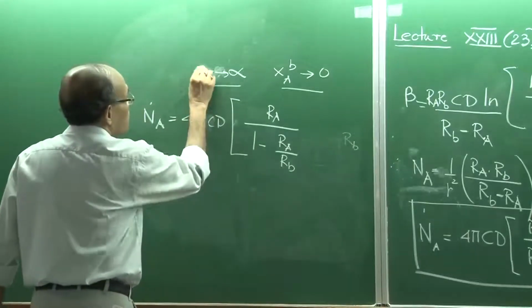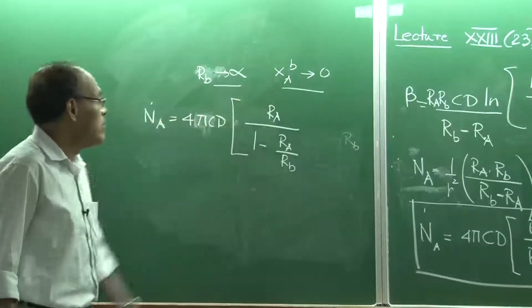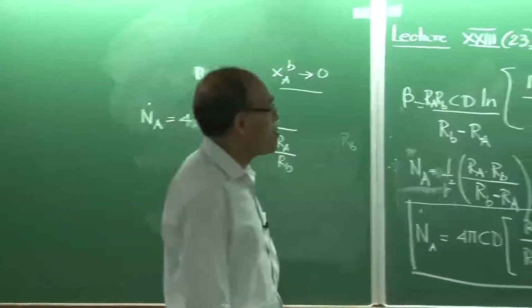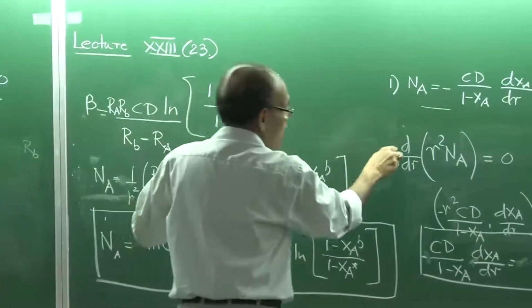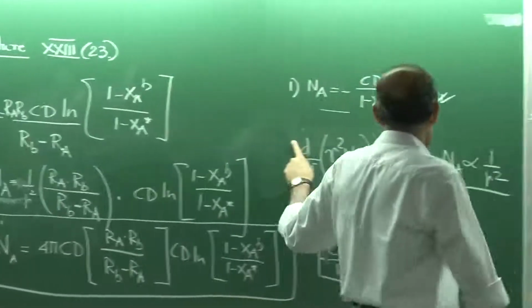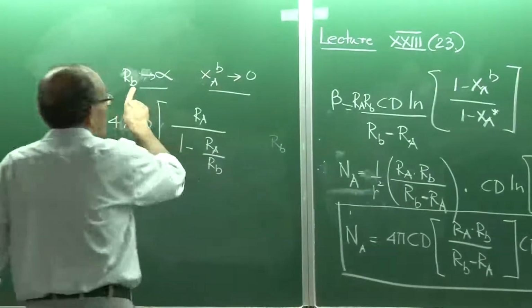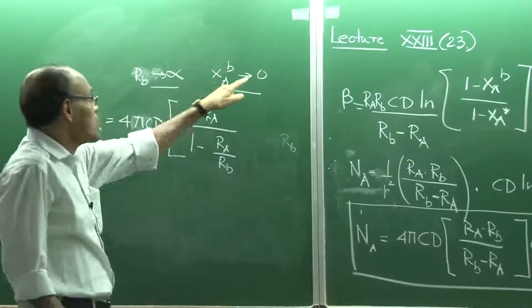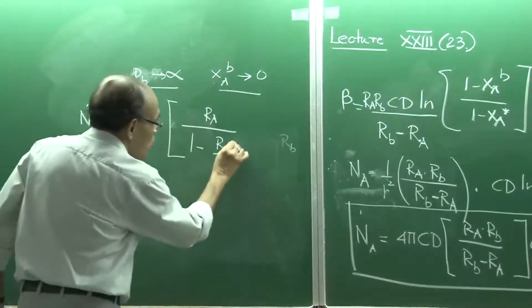If Rb tends to infinity, then this boundary that I was talking about, I drew a line here. If you remember, the sphere was here, then I have drawn a line. So, this boundary, which is Rb, is extended up to infinity, and that's what I really mean, that the second boundary, which is away from the surface, tends to infinity. So, I will substitute. Now, this term is going to be equal to 0.